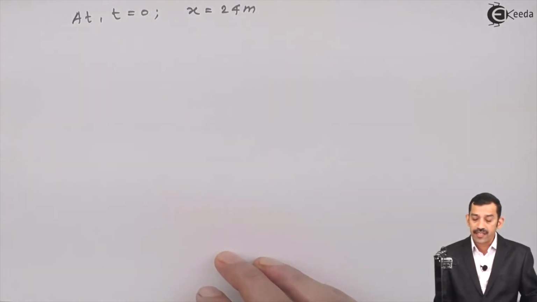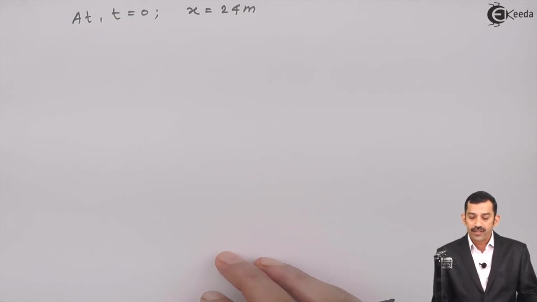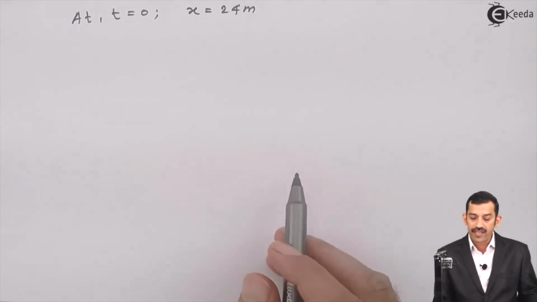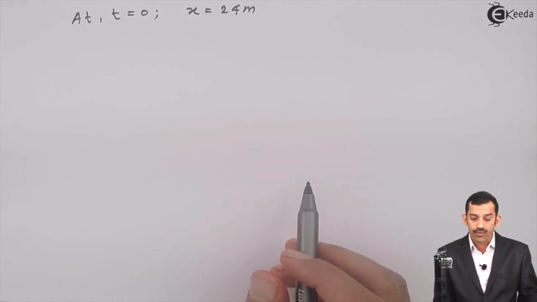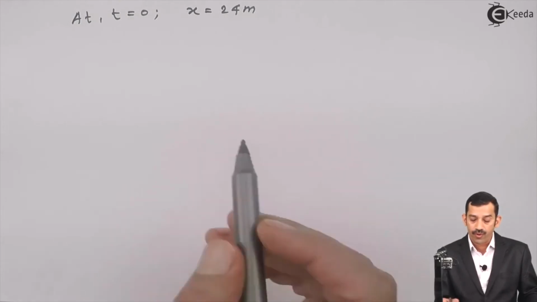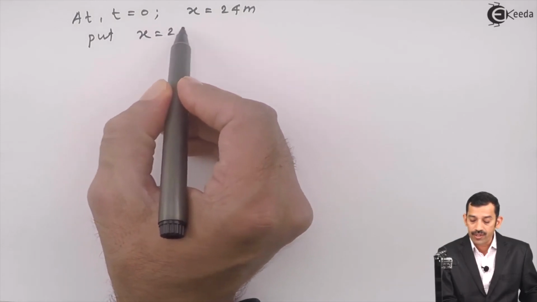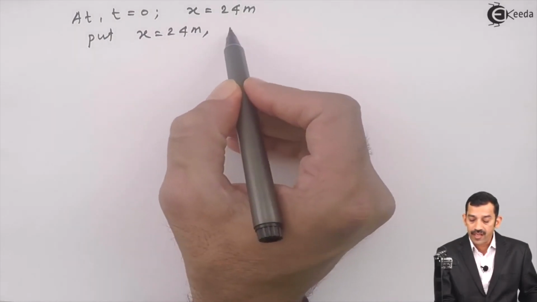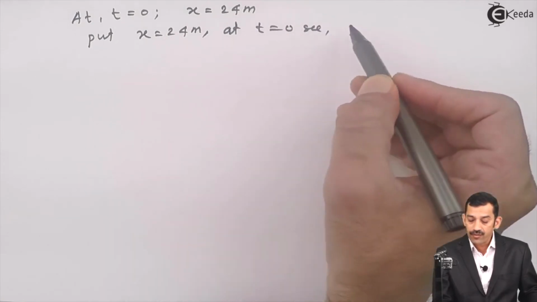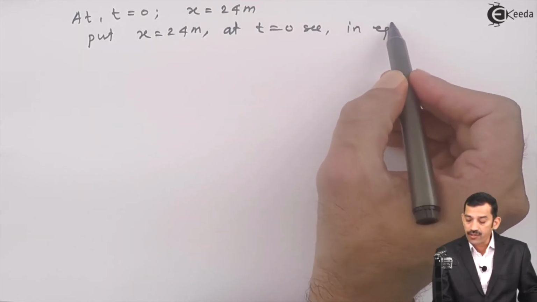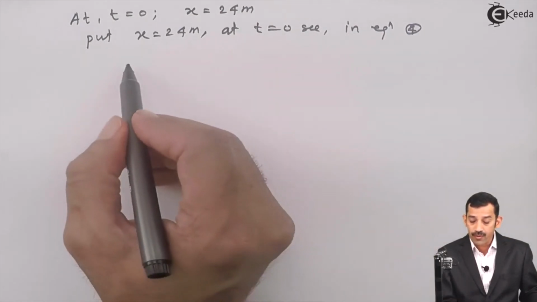As you know, the relation between x and t is equation number 4, the equation of position. Now in equation number 4, we substitute x equal to 24 meters at t equal to 0 seconds. What will we get here?